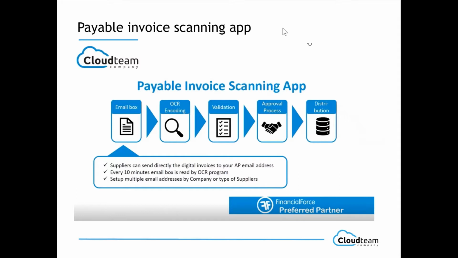And at the end, there's a distribution in which we record the bookings for the financial system, the FinancialForce account. So the suppliers will send the digital invoices directly to the IP email address, as I mentioned.